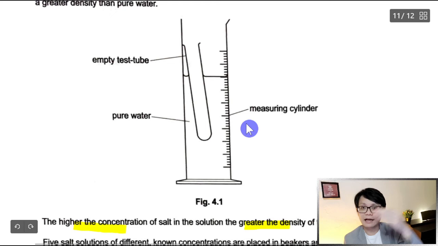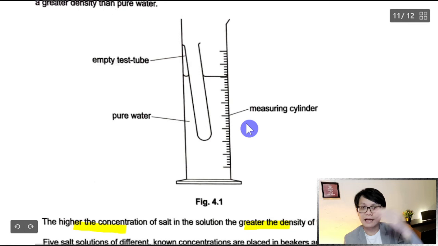Okay, so they give you a ruler. You need a ruler, you need a test tube, you need a measuring cylinder, you may use any common product or apparatus. Describe how you would do the experiment, how to make it as accurate as possible, process the result, and determine the concentration of X.